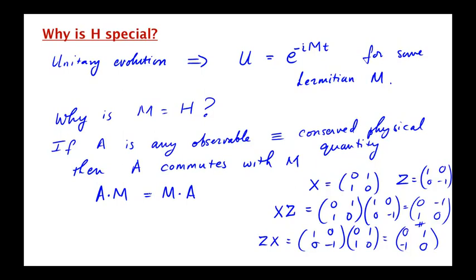But if A corresponds to any conserved quantity, then it must commute with this Hermitian operator M, which occurs in this unitary evolution. Now, let's see, why does this follow? So let's sketch out a proof.